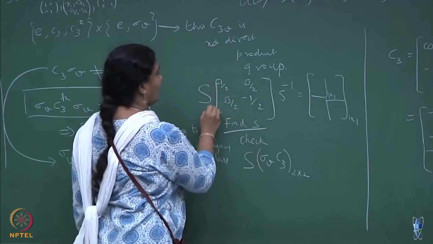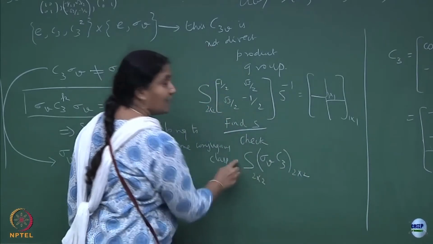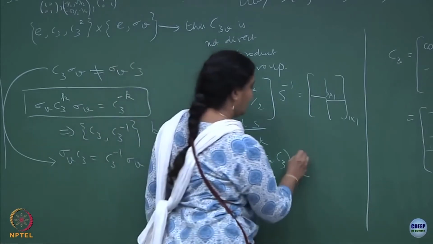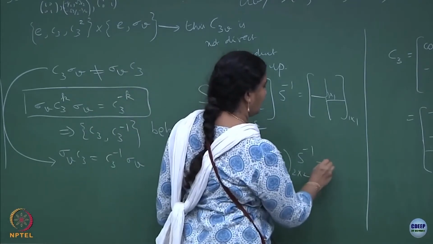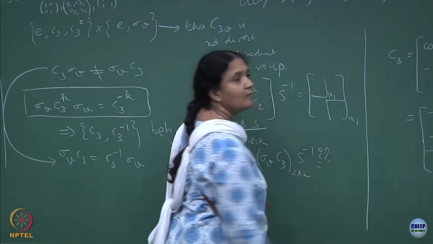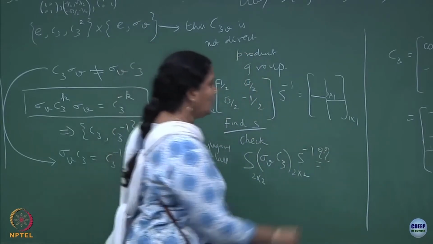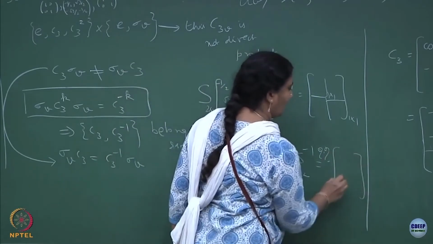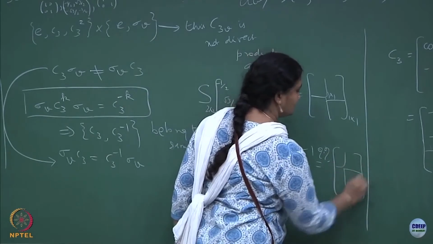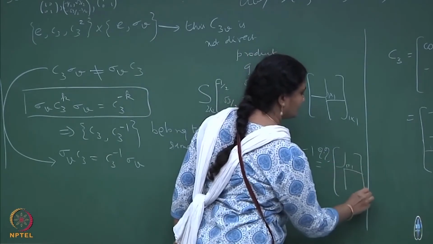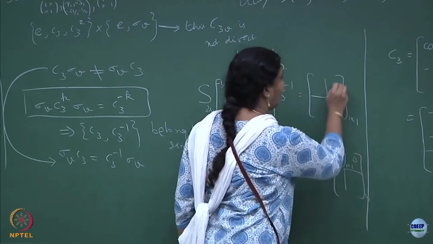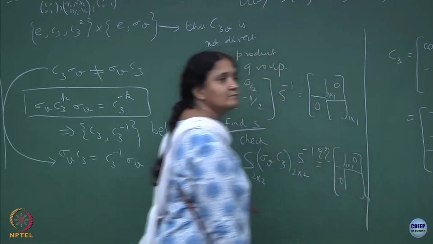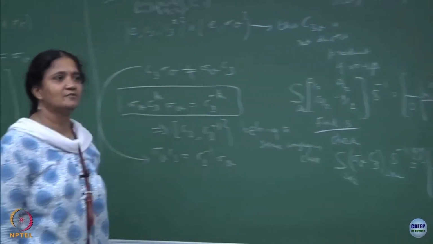Whatever 2 cross 2 matrix you find here, you put the same matrix S inverse, question mark, can you make it into a diagonal form? By this I mean the off diagonals are all zeros, okay. That is the meaning of writing it in this shorthand notation.